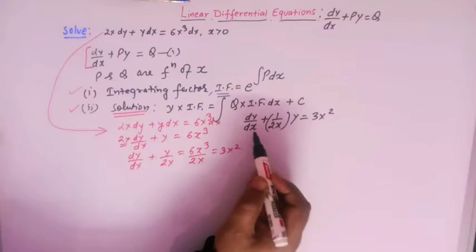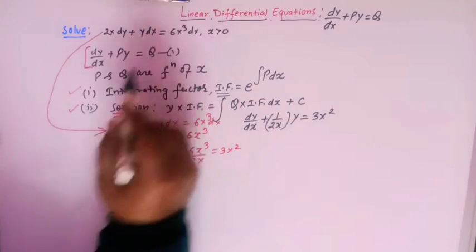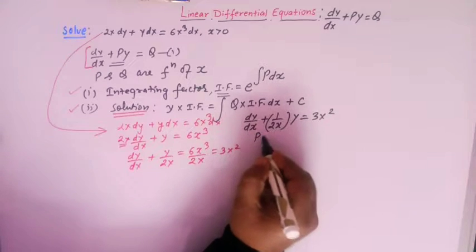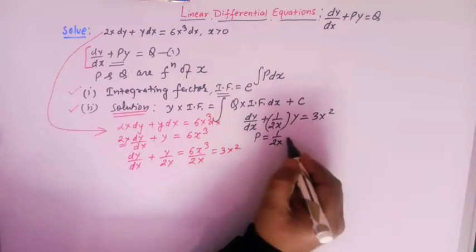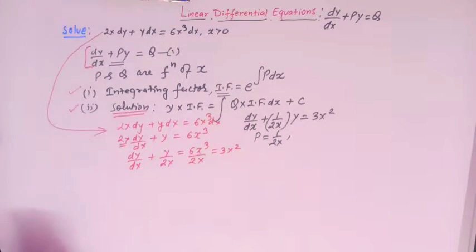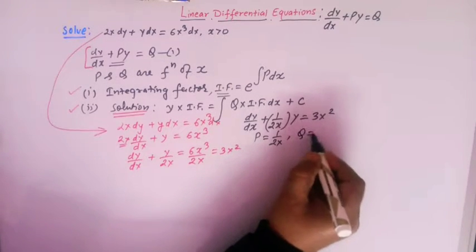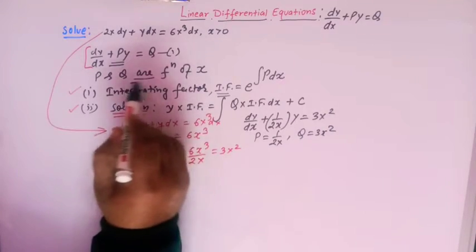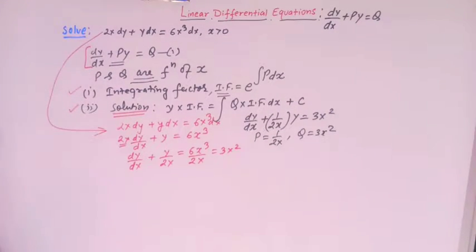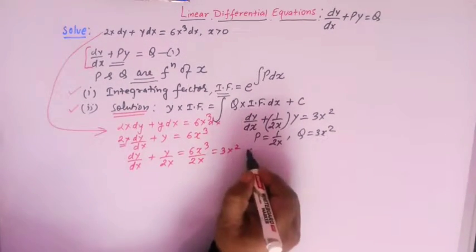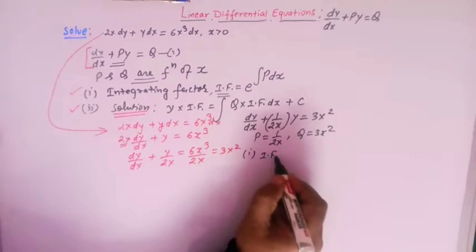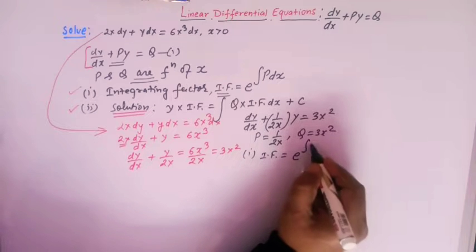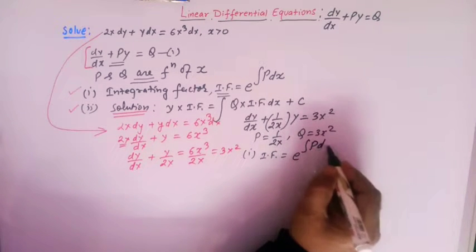If we compare this equation with the standard one, we see that the value of p is 1 over 2x, and the value of q is 3x square, and both p and q are functions of x.